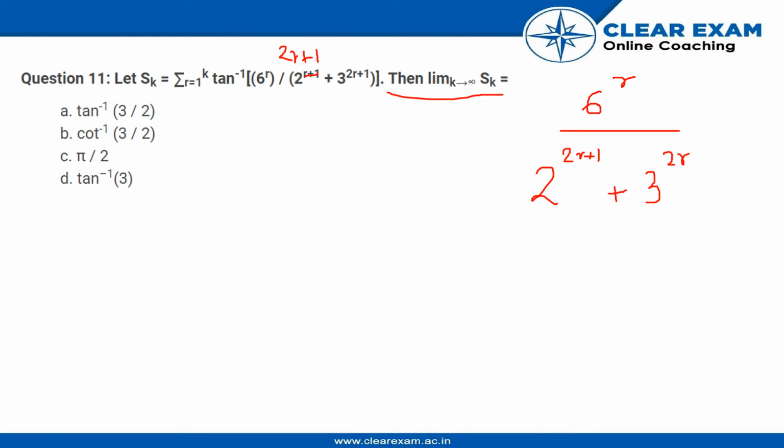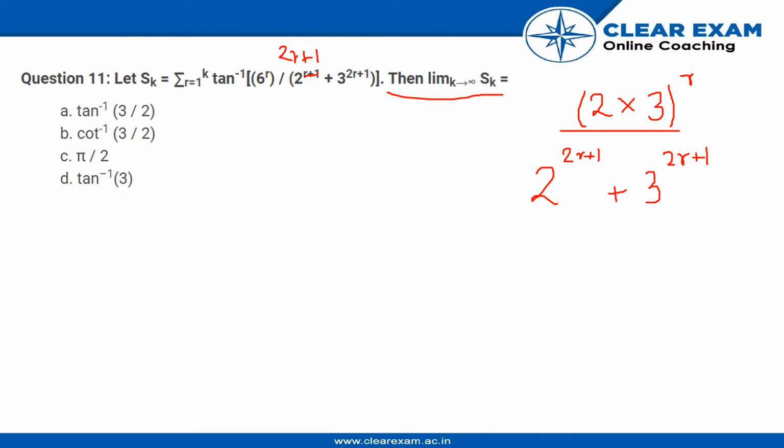Now the simplification is, if you look at the numerator, that is 6 raised to r, we know 6 is the product of 2 and 3. I suggest you watch this carefully because I'm going to make some changes and you might not notice them. So I wrote 6 raised to r in the numerator as 2 into 3 raised to r.